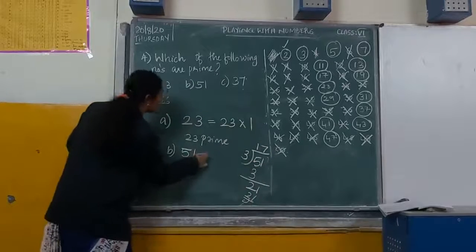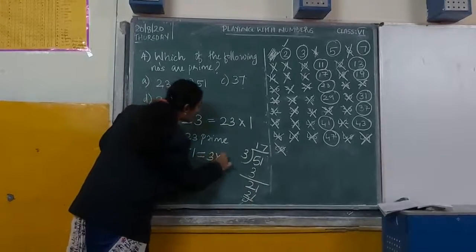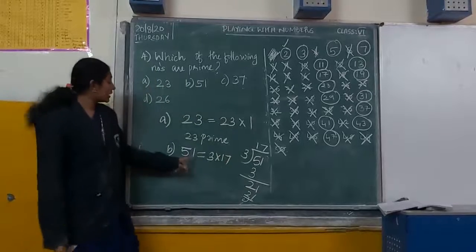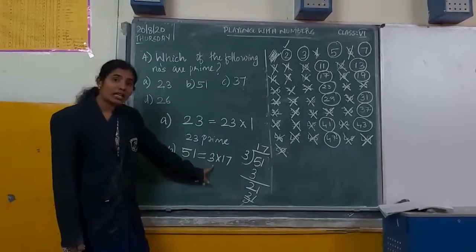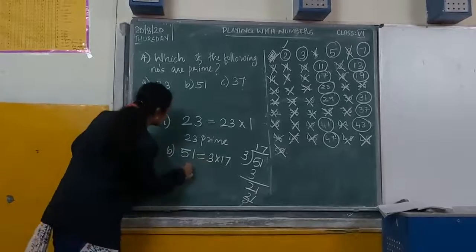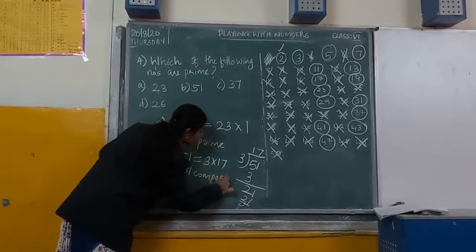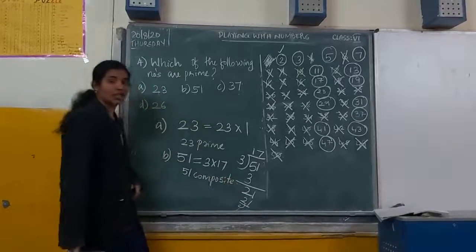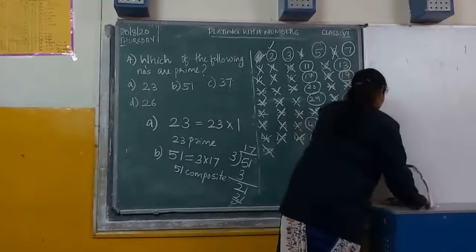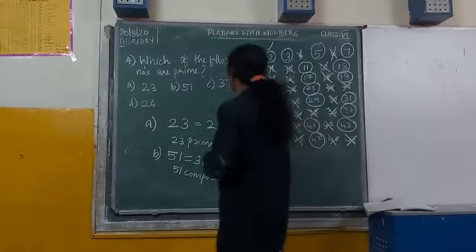So how can you write 51? 3 multiplied by 17. That means 51 has more than 2 factors, so this is a composite number.